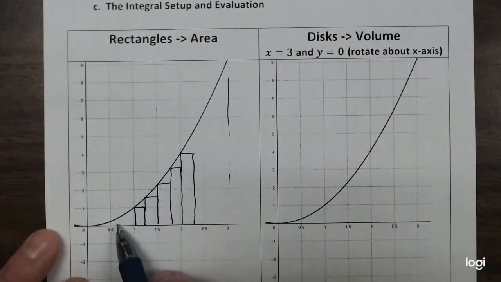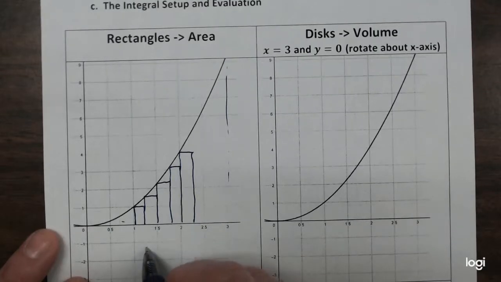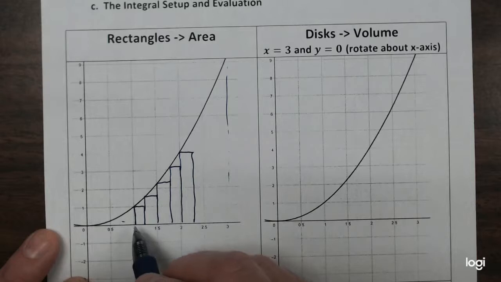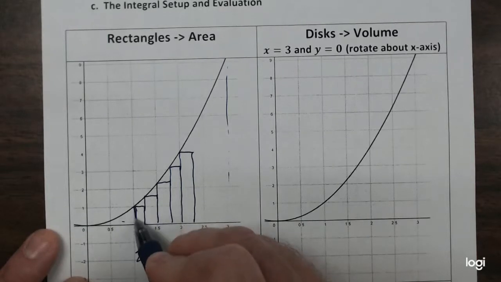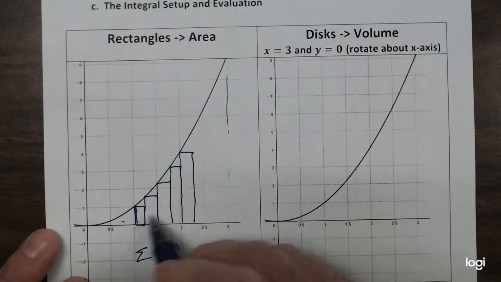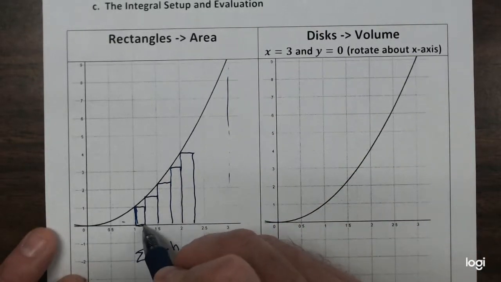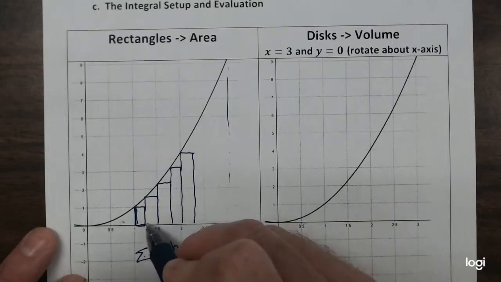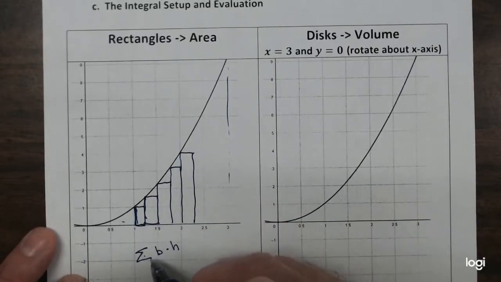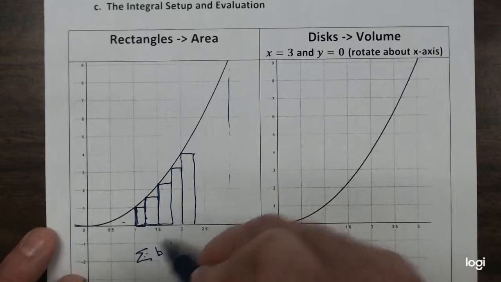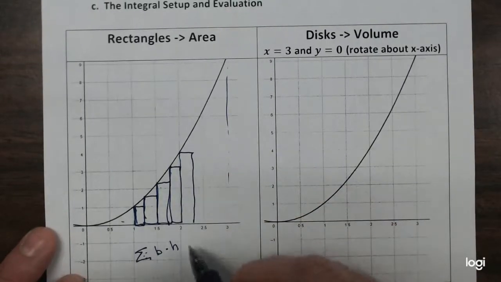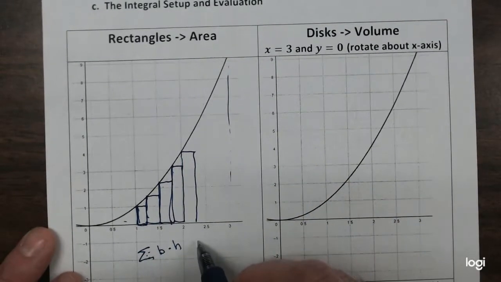Well, if we take all these rectangles and add up, here's our summation symbol, each base times every height, we get a pretty good approximation of the area under that curve. So we take base times height plus base times height plus base times height, and add those all up, and we get a pretty good approximation.